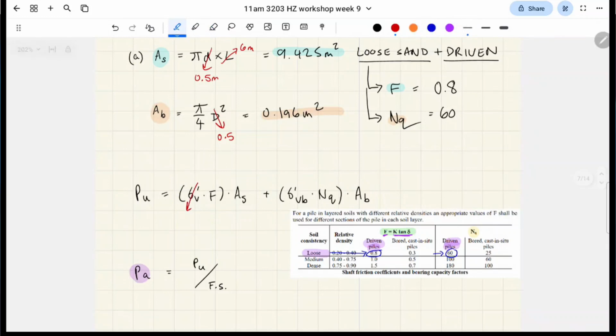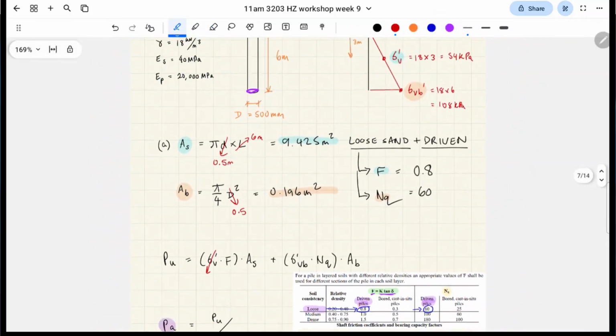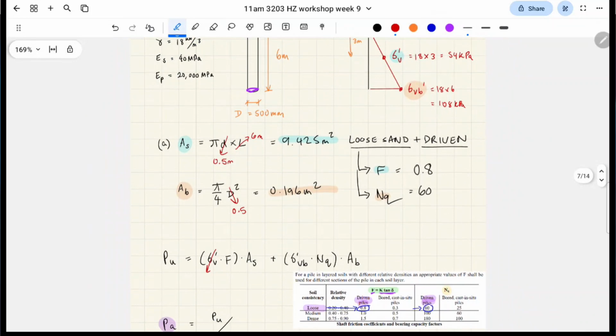So we pre-baked up here the average vertical capacity, 54. Let's write our units so that we don't screw anything up. F, 0.8. Area of the shaft, we've pre-baked 9.425 meters squared. The stress at the bottom, 108 kPa.